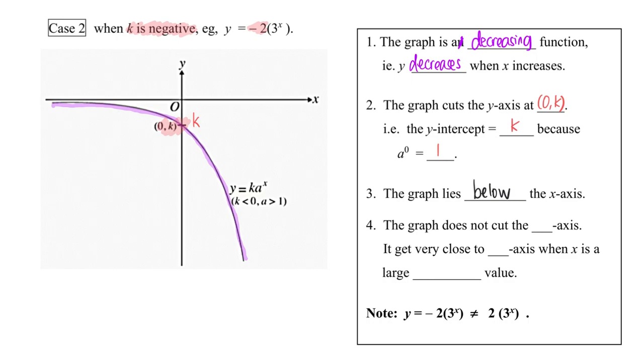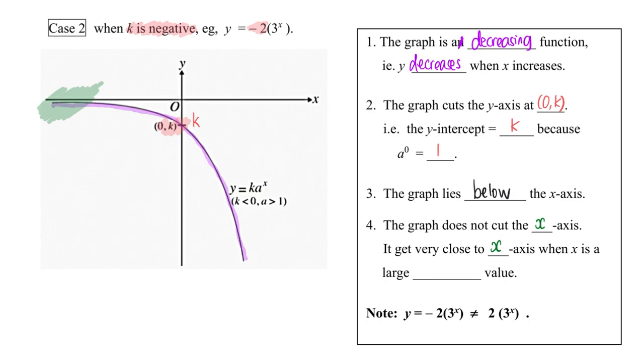And the last observation, which is consistent with the previous graph where k is positive, do notice that as we get very close to the x-axis, what happens to the y value?